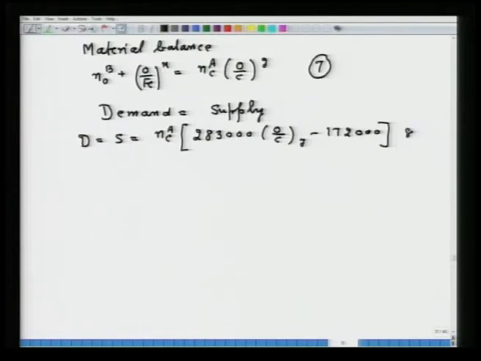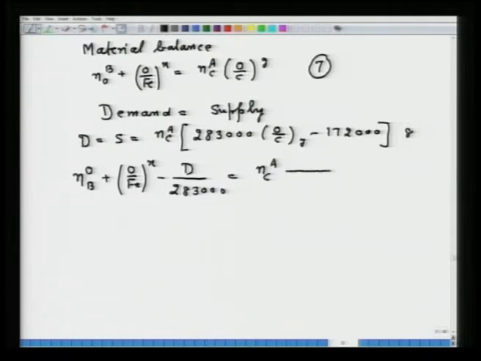Now, by 7 and 8 we can write the equation NOB plus, I am rearranging and writing in this particular form, plus O by Fe x minus D upon 283,000, that is equal to NCA 172,000 upon 283,000.